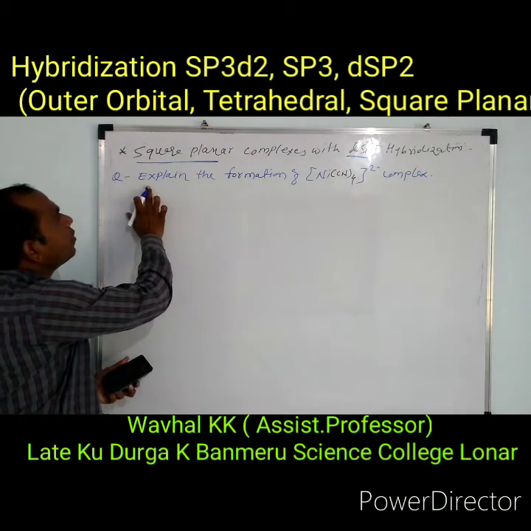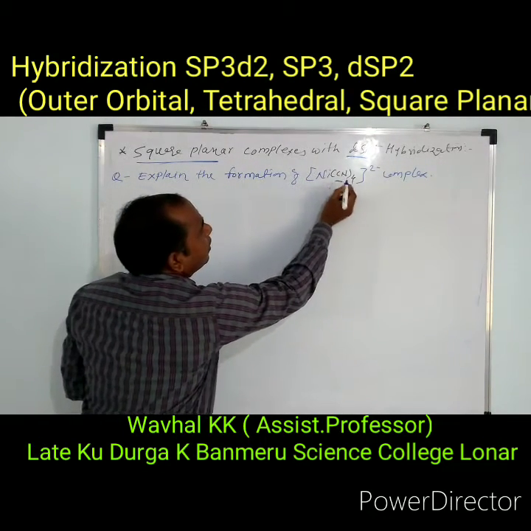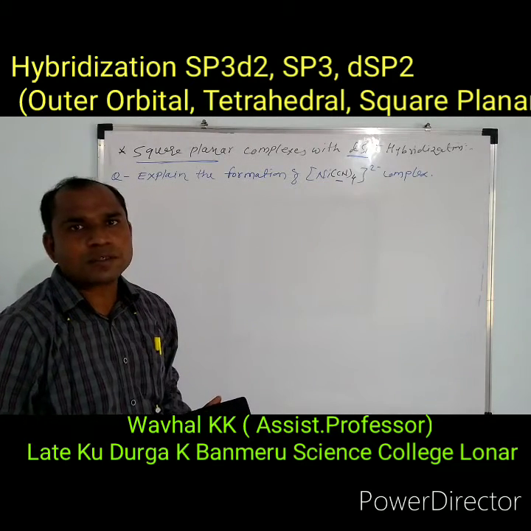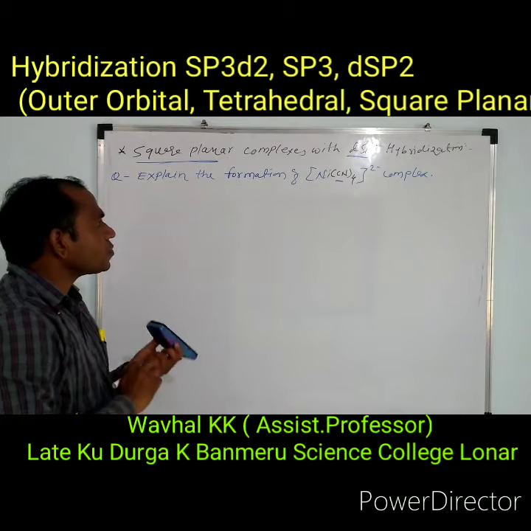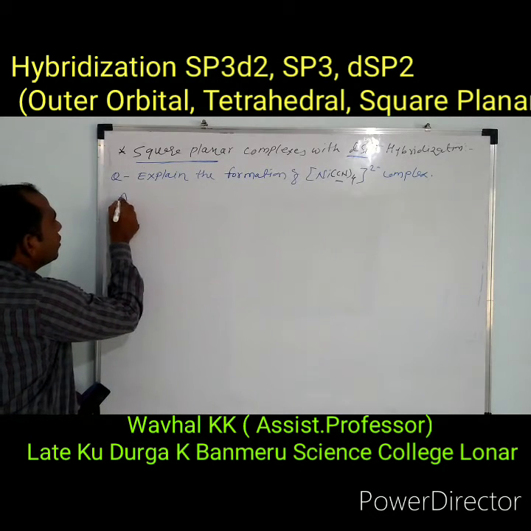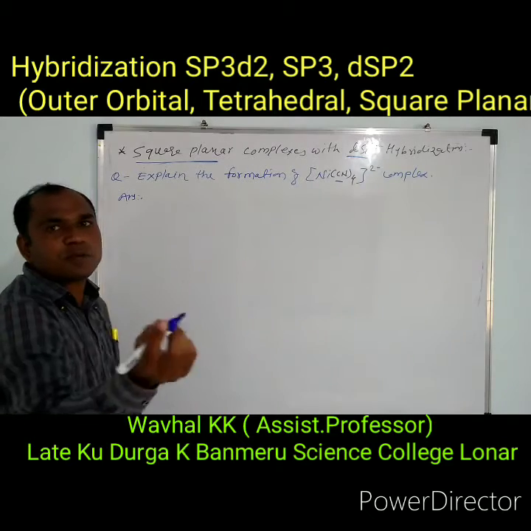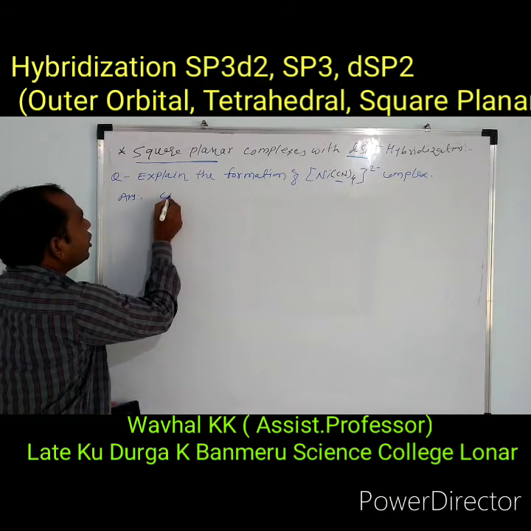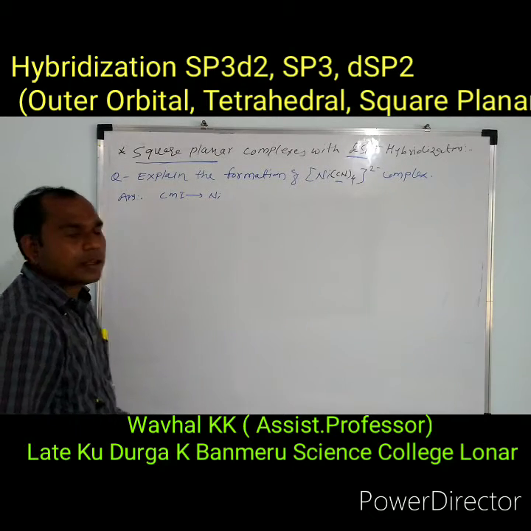See here, one example explains the formation of the [Ni(CN)4]2- complex. How to write the answer? In the answer, write the central metal atom. The name of the central metal atom is nickel.